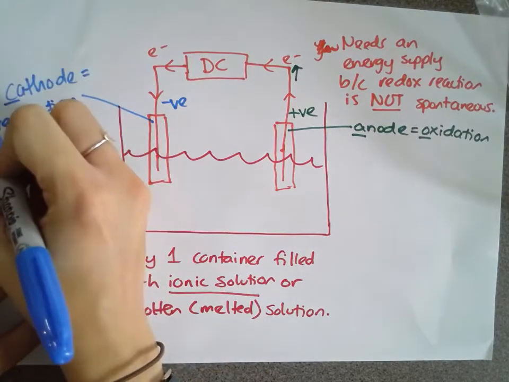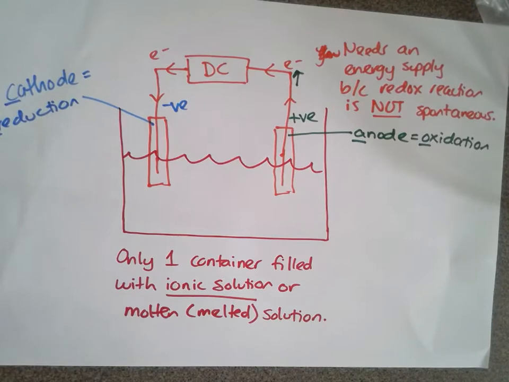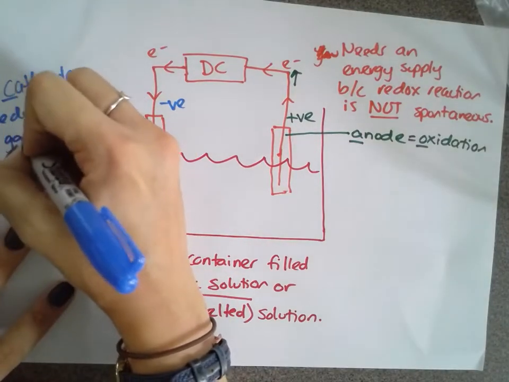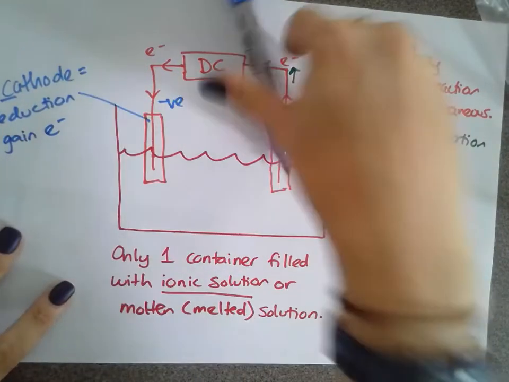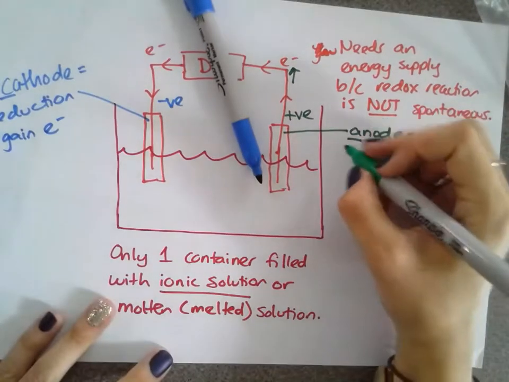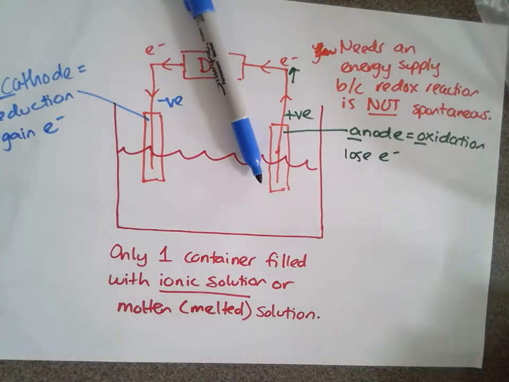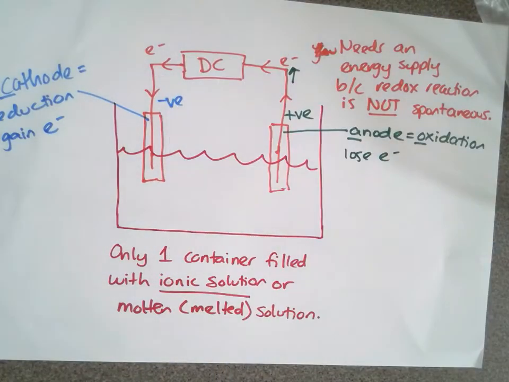Consonant, consonant. Reduction, cathode. In this case, it is going to gain the electrons. In this case, for the anode, we're going to lose electrons. So you see how I'm taking the redox reaction that we've been talking about previously and putting it into a real-life setting now? Yes? All right.